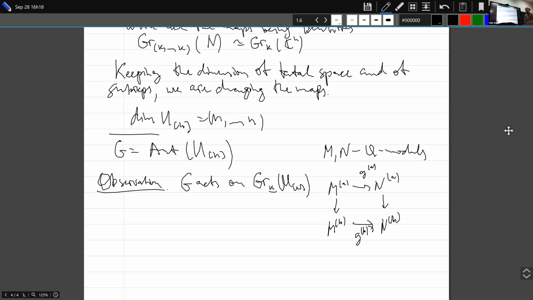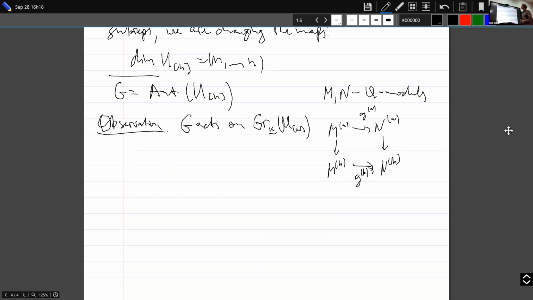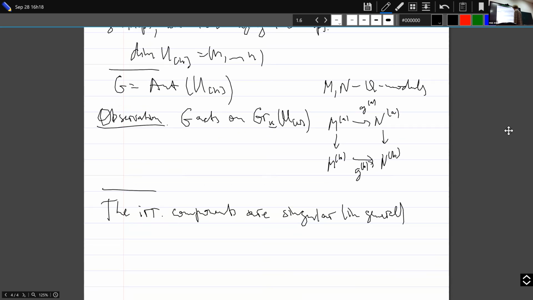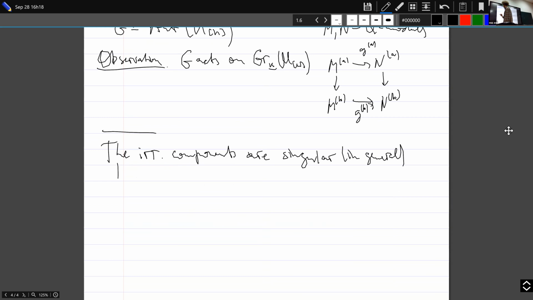So, and maybe the last thing is that you can ask what the properties of the irreducible components are. The irreducible components are in general singular. And then there's a question of how to desingularize, how to resolve the singularities.